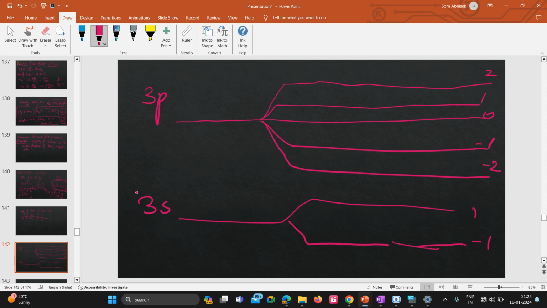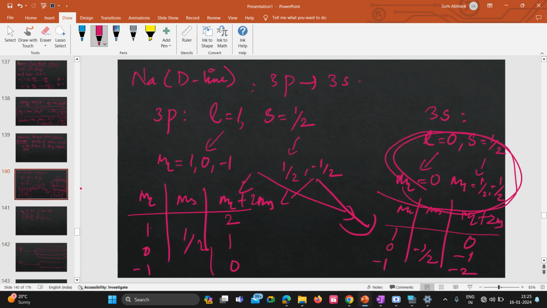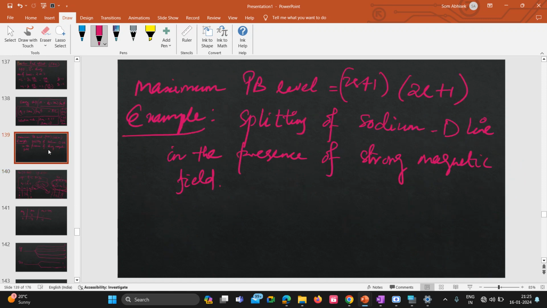How did I do it? You must be thinking how I did it. You just wrote it. See, we did it here for 3p, right? These are the values of ml plus 2ms that I have written. Splitting is, where is it?